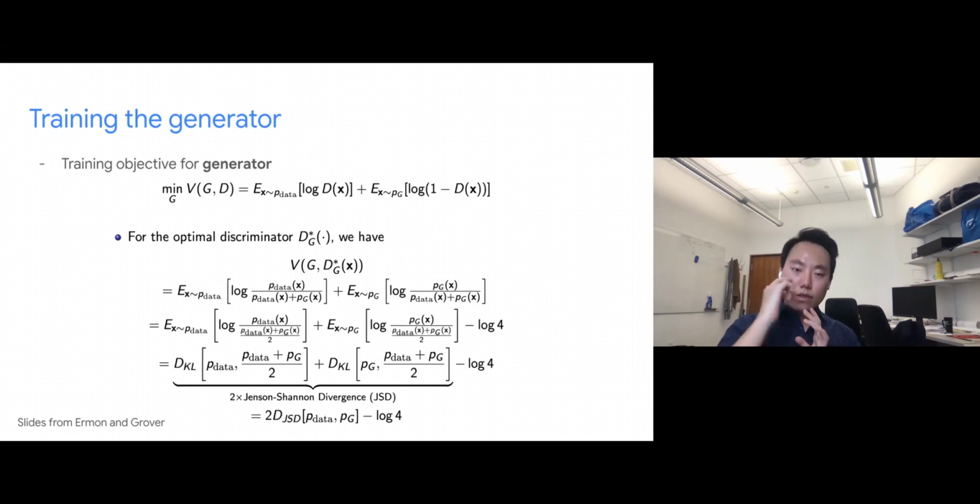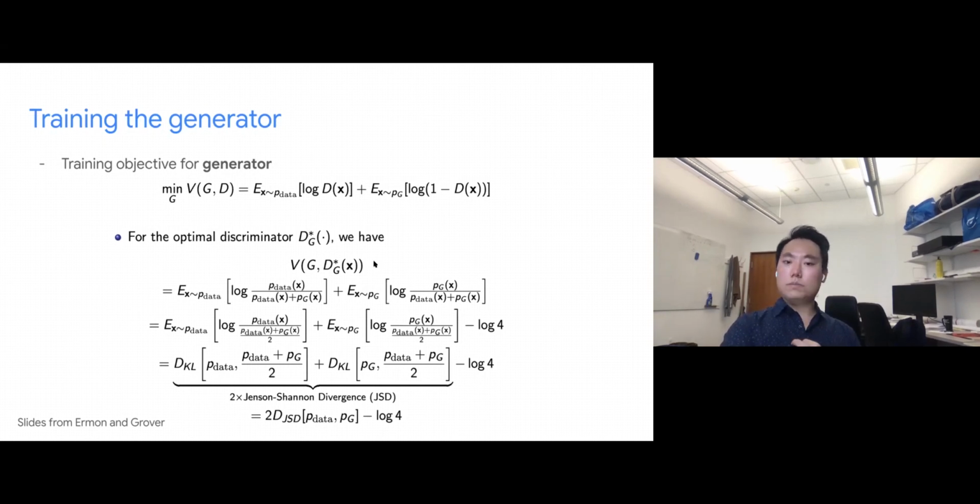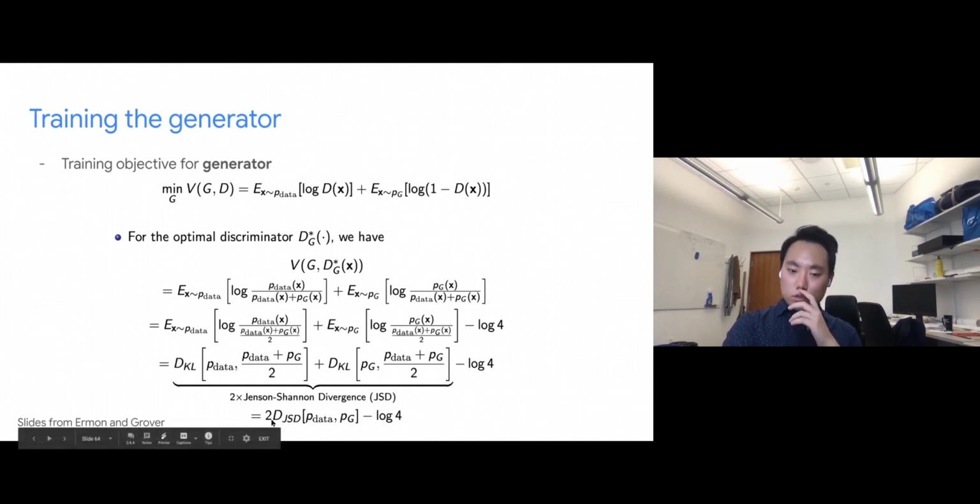And if you do some math, you can find that if you retrain a discriminator, the objective function for the generator eventually boils down to this term: 2 times the Jensen-Shannon divergence between the data distribution and your model distribution, minus log 4.